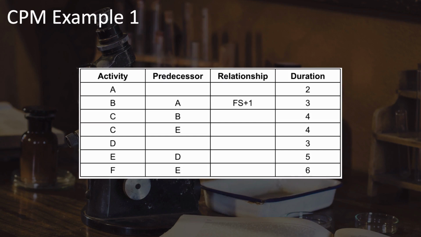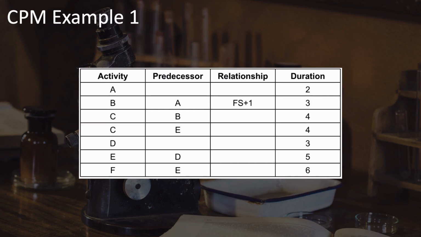B has a duration of 3 days and a predecessor of A, so A has to happen before B. The relationship is finish to start plus 1, which means that A must finish before B can start, and there's a 1-day lag, so B starts 1 day after A ends.